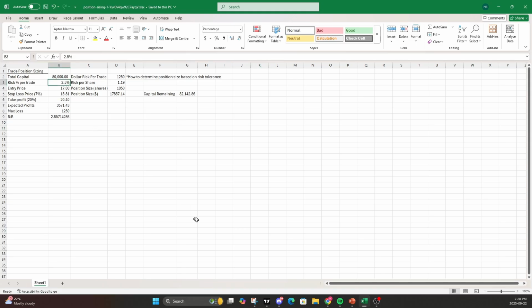The general rule of thumb from Mark Minervini as well as from CANSLIM is a 1% to 2.5% range. If you're more confident in a stock, let's say all the check marks are being hit, it is giving you that confidence, it has strong fundamentals, right? If you want a refresher of what we look for in swing trades, you can check out the swing trading, day trading refresher in the Getting Started channel. You can also check out the past Sunday live sessions where I talk about this as well.